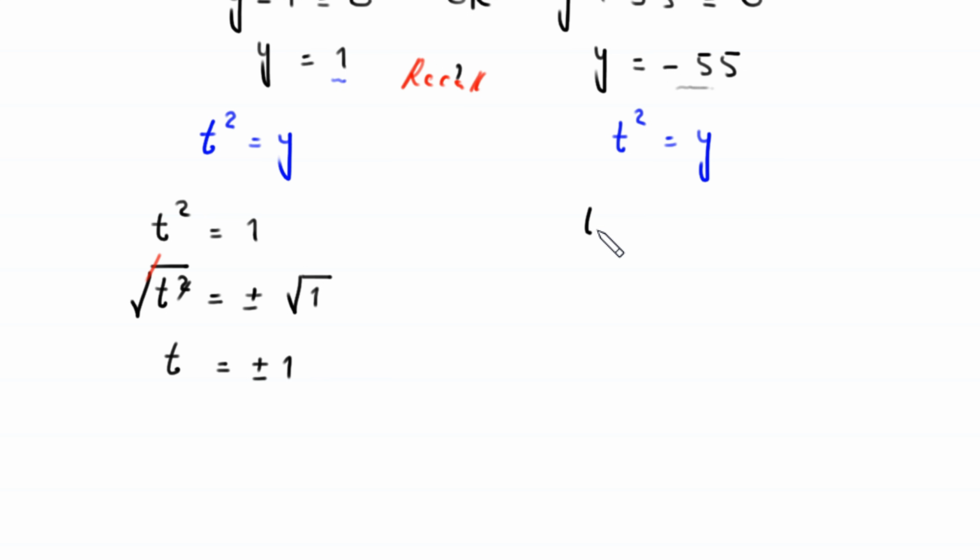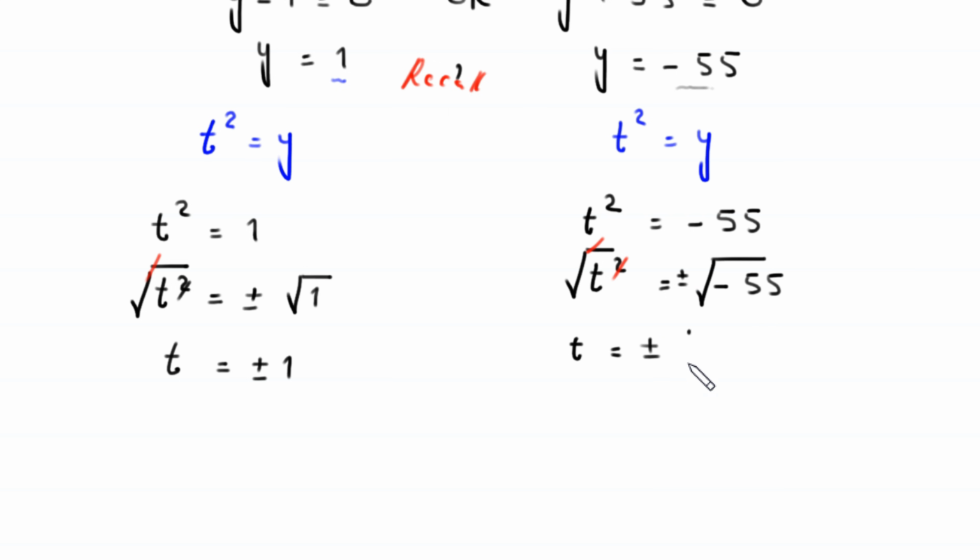And from this equation, when y is negative 55, then this will become t squared is equal to negative 55, and we take square root of both sides. This square will be cancelled out with this square root, and we get t is equal to plus minus root negative 55, which is the same as plus minus root negative 1 times root 55.